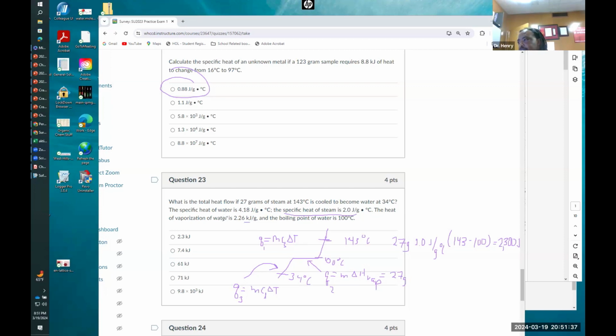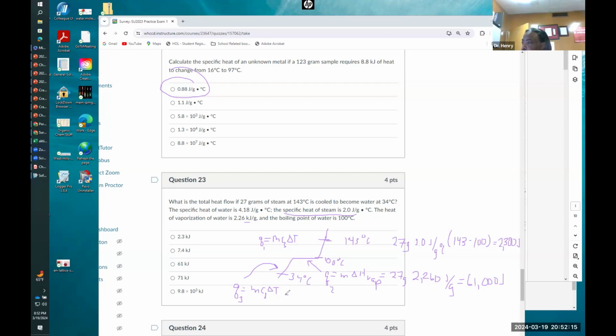If we multiply this by 1,000 up top, we end up with 2,260, and that would be joules per gram. So that one is going to be 61,000 joules.